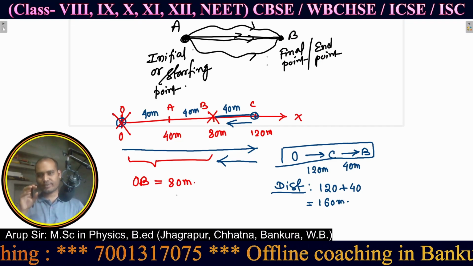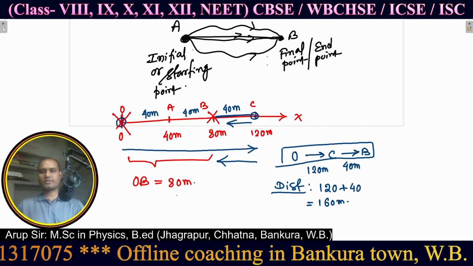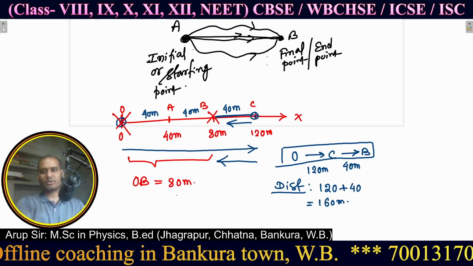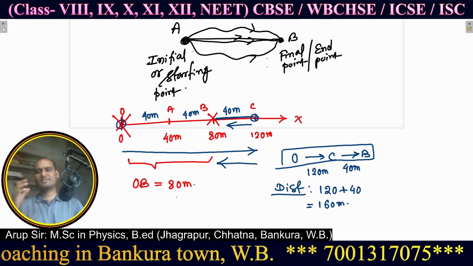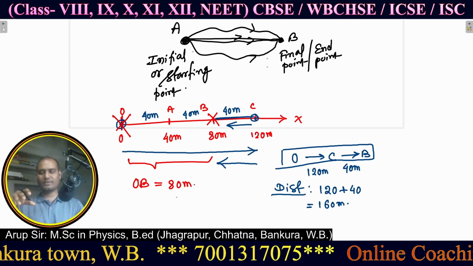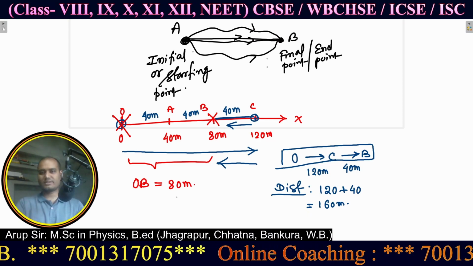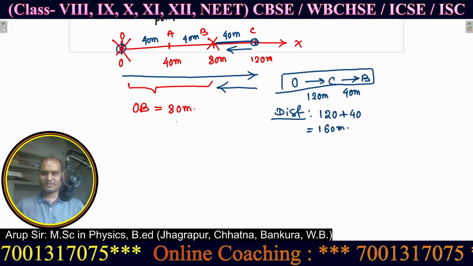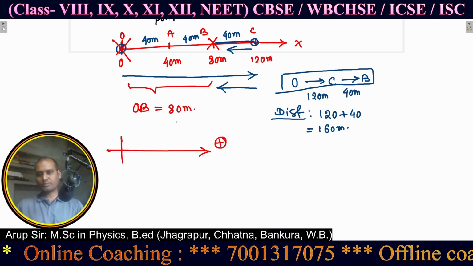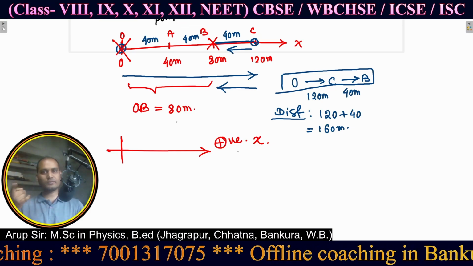Now this is the first method by which you can easily calculate, by the concept of final and initial point. And another concept you can also use here, that is the vector concept. I am not going into that much deep level, but by following the direction you can calculate. Just see. When you are going along positive x direction, it gives you a positive value.